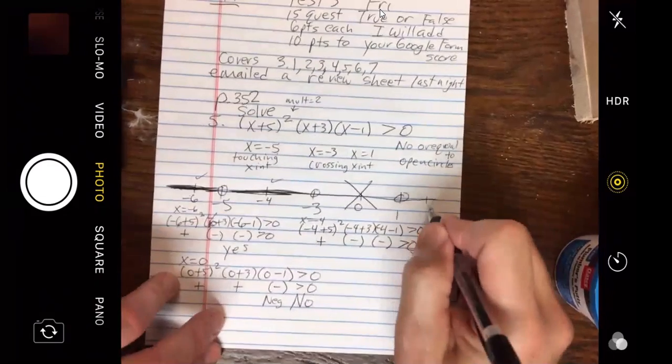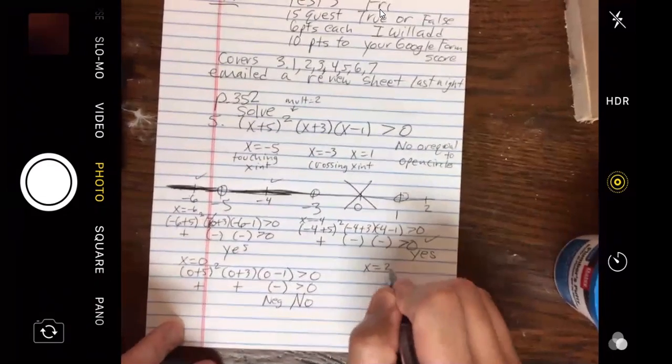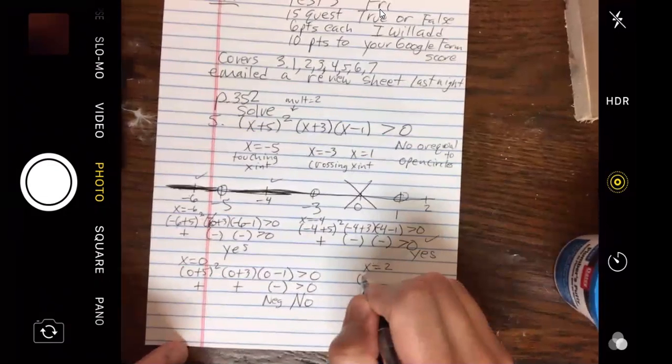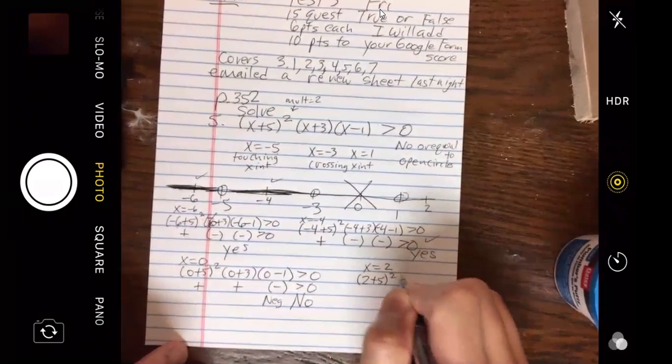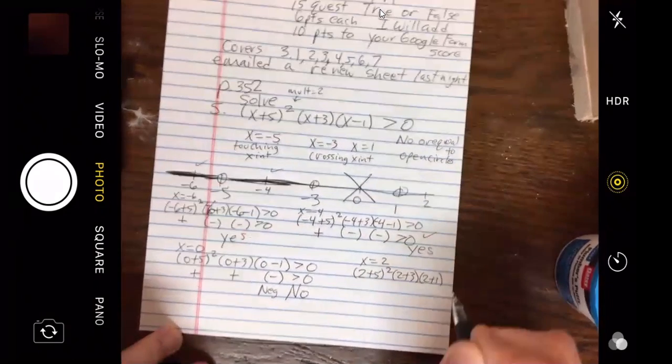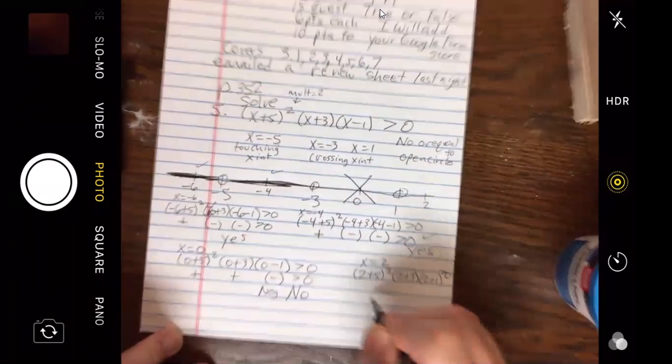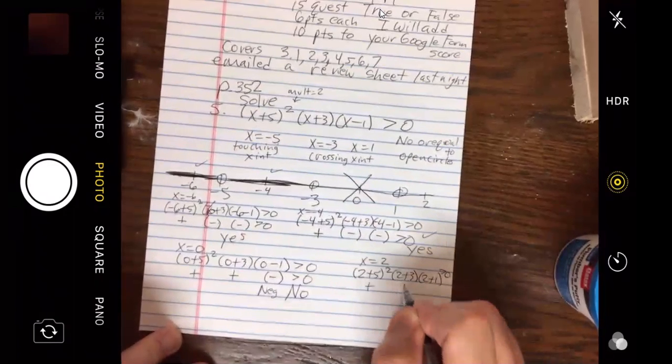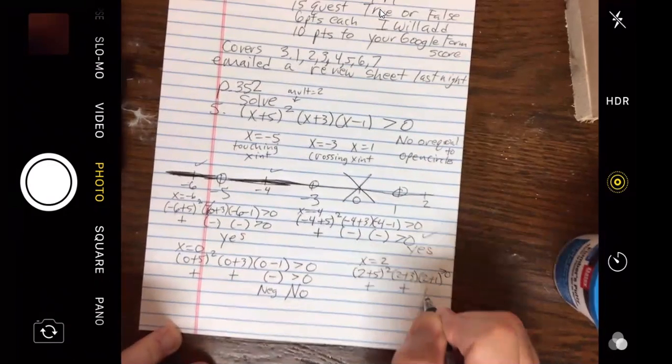And then if I try 2, we have 2 plus 5 squared, 2 plus 3, and 2 minus 1. Greater than 0, and you can see it does work. Positive, positive, positive, greater than 0, yes.